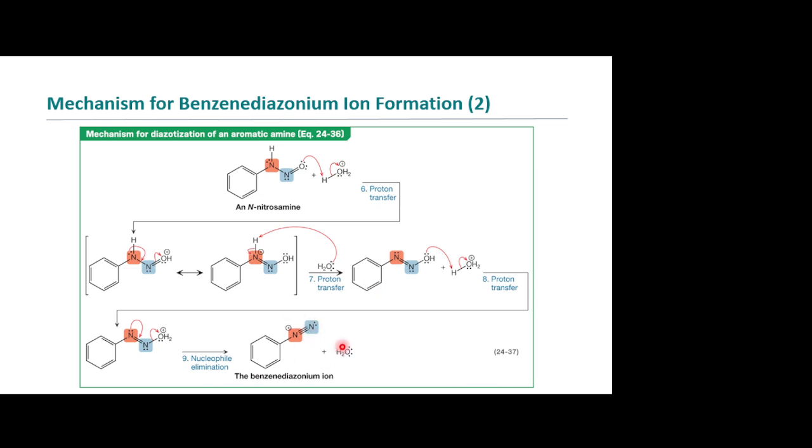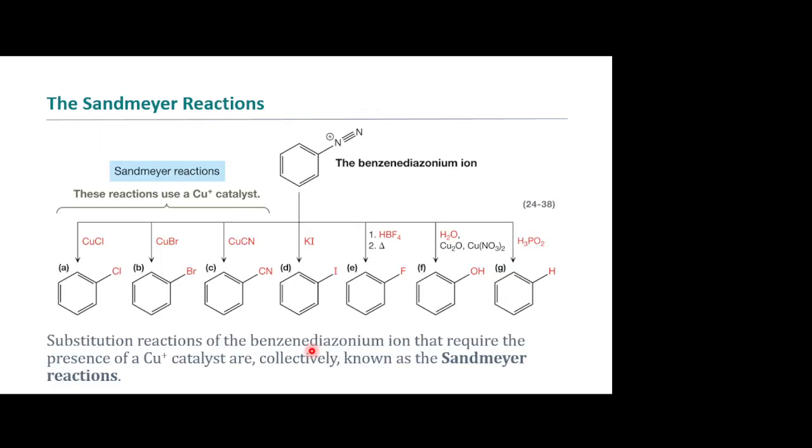Once you've actually achieved this intermediate that's very reactive, you have to make it in situ. You can actually use this as a starting point for a whole series of reactions. Because if we start off with something very energetically high, right, then jumping over any energy barriers becomes very easy, right? Okay. And so this is the different reactions you can do with this.